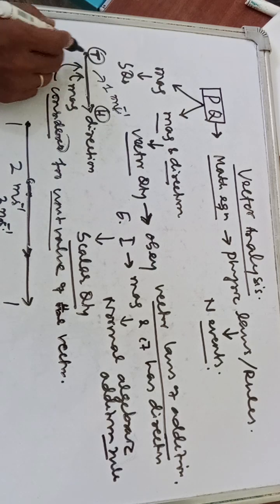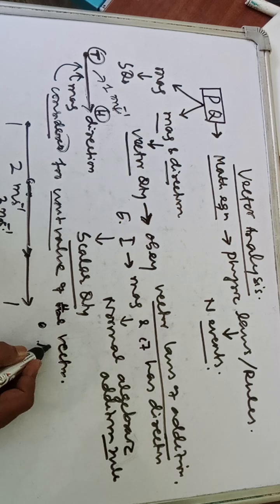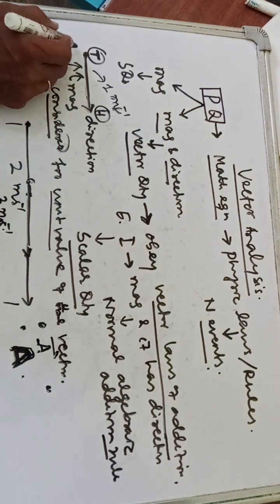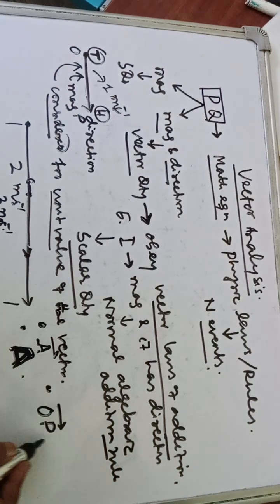Now, this is the graphical representation of a vector, whereas we have symbolic representation, in which we use a symbol or letter with an arrow or a bold letter to represent a vector quantity. Sometimes we give the name OP and we say OP with an arrow, but it also represents the vector.